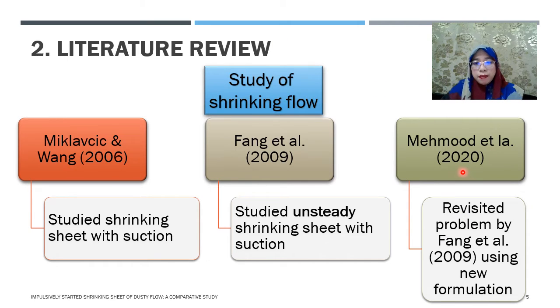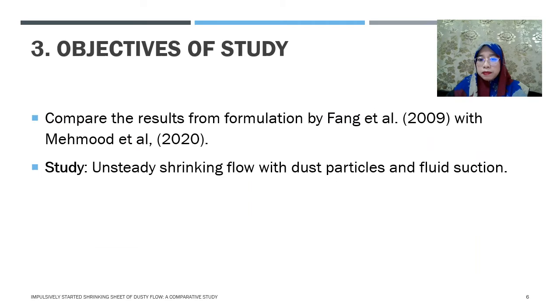Mahmoud et al. claimed that the formulation by Miklavcic and Wang is not very accurate. So the objectives of this study are to compare the results from both formulations, by Fang and by Mahmoud, and then to include dust particles.